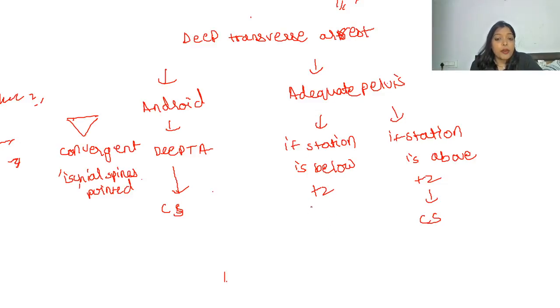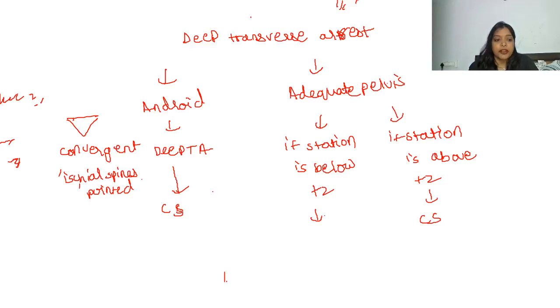If station is below +2, what is better? Which instrument delivery is better? Forceps or vacuum? Forceps. Okay, I'm waiting for some more answers. What can rotate the fetal head better?